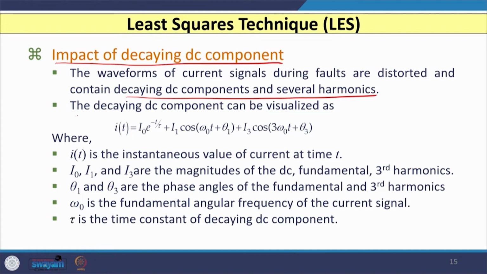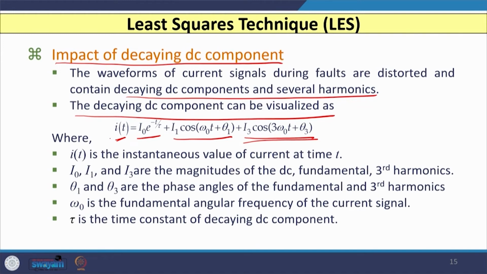The decaying DC component is given by, let us say, I 0 e raised to minus t by tau, where tau is the time constant of the decaying DC component, the fundamental term I 1 cos omega 0 t plus theta 1, and the third harmonic term, that is I 3 cos 3 omega 0 t plus theta 3.